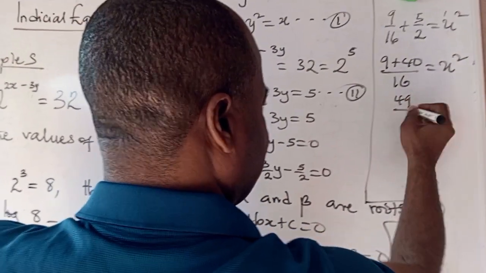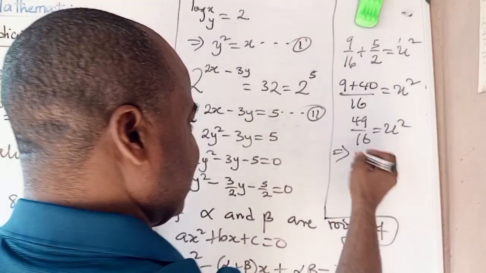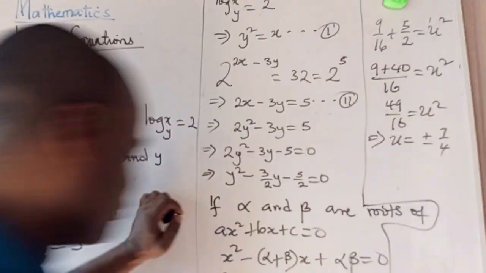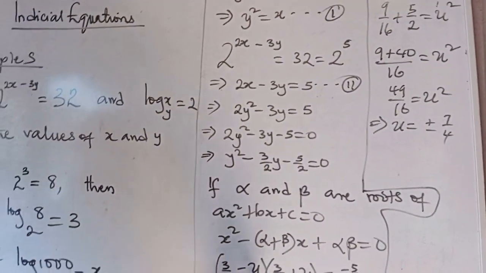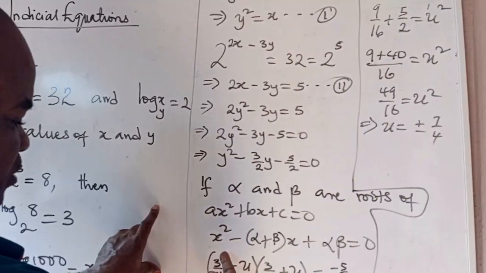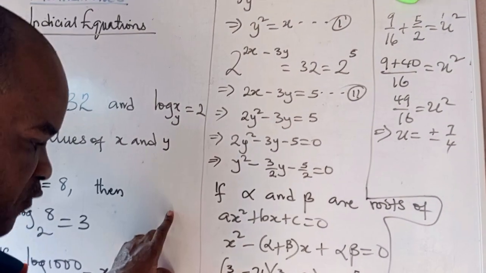That will be 49 over 16 is equal to u squared, which implies I take the square root of both sides. u is equal to plus or minus 7 over 4. Now you put 7 over 4 here, we are going to have 3 minus 7 will give us negative 4.